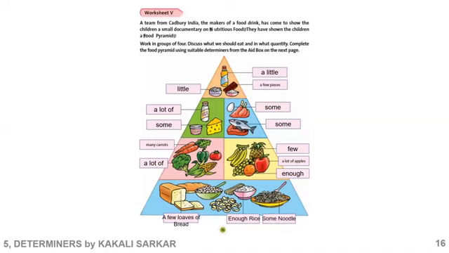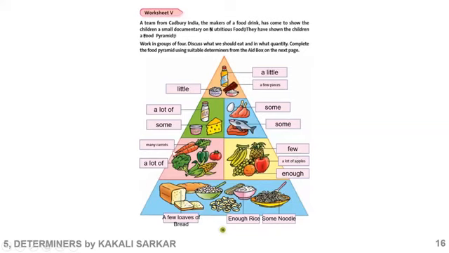Okay, so we have filled up this food pyramid. And all these words which we have written in the boxes, they are all determiners as they are identifying the quantity of the thing shown here.